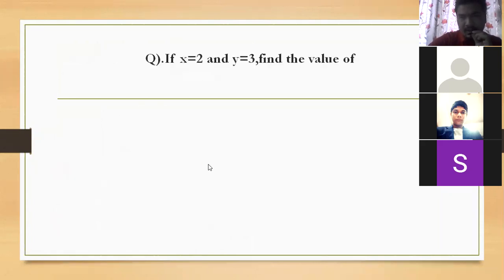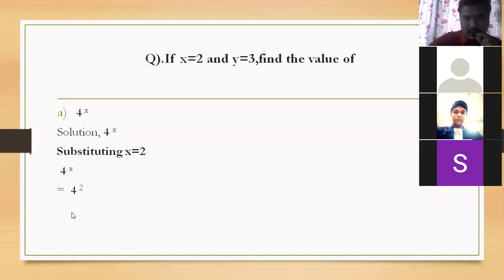Okay, and see here. Here we have to put the given values in the given expression. 4 to the power x. In place of x, the question is telling to put the value of x as 2. Then it will be 4 to the power 2. 4 squared means 16.